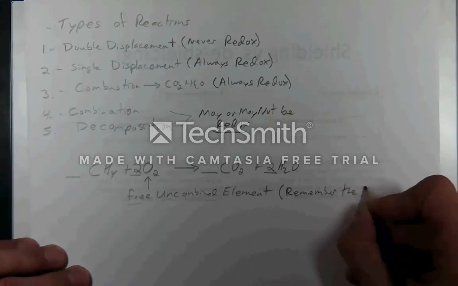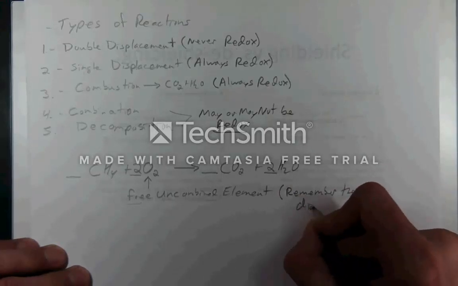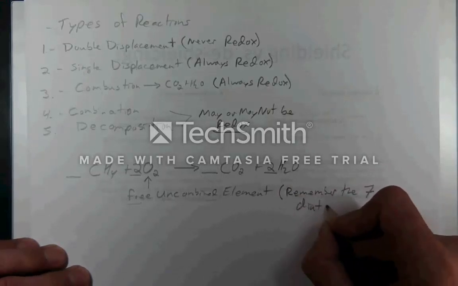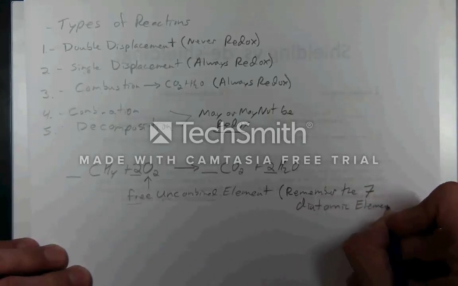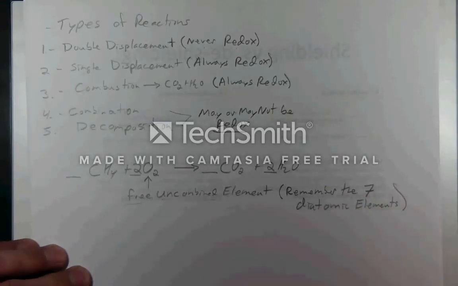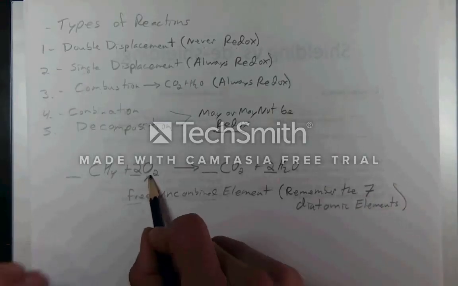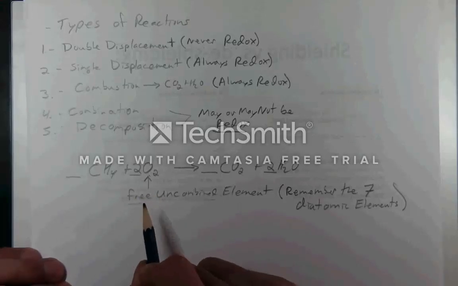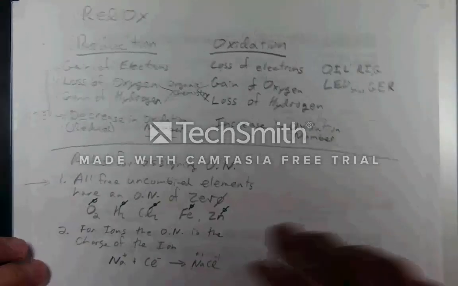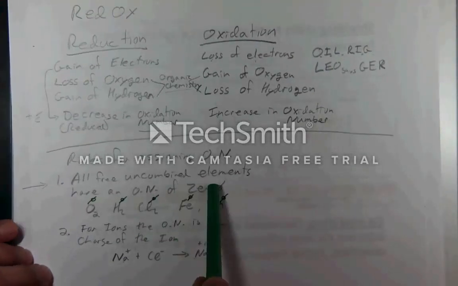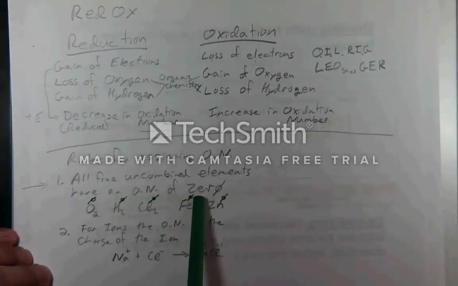Remember the 7 diatomic elements. Oxygen being one of the 7 diatomic elements. If it has a free uncombined element like that, remember our first rule for assigning oxidation numbers? All free uncombined elements have an oxidation number of 0.